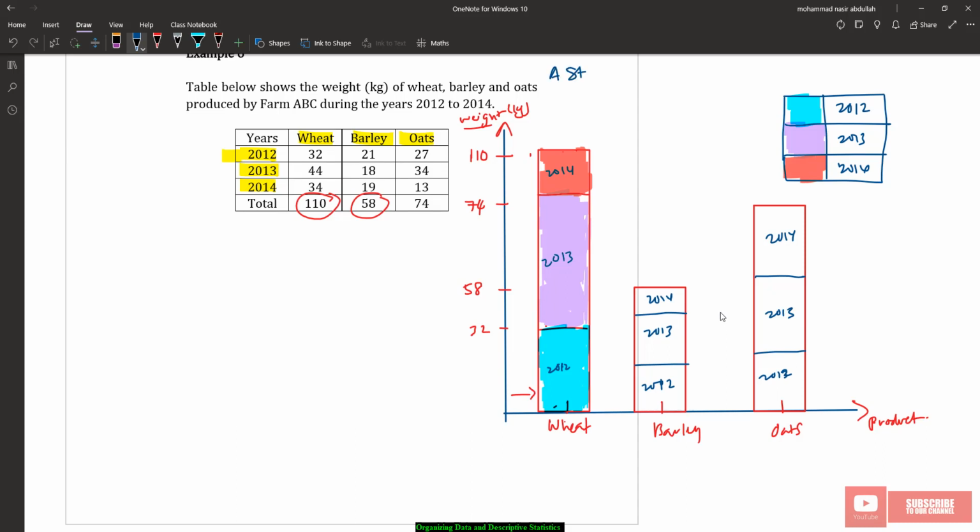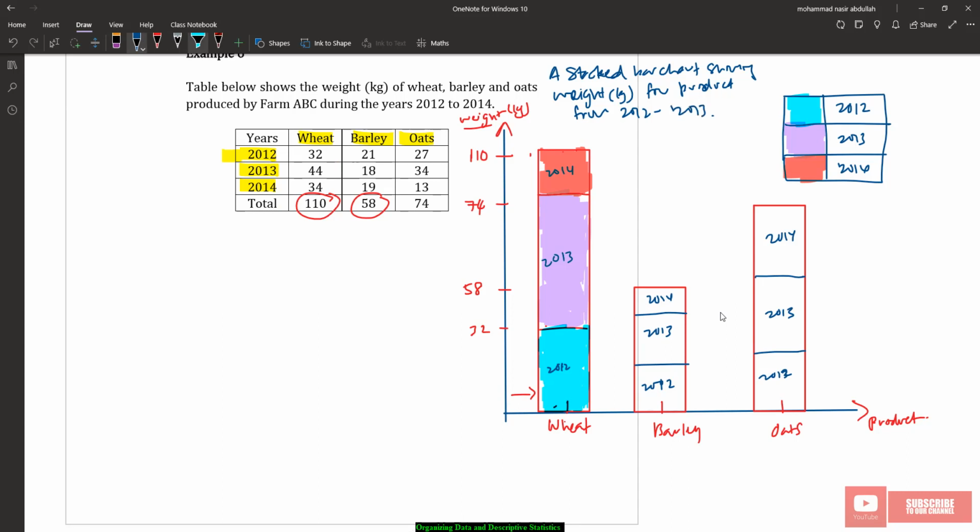The stack bar chart showing apa? Showing weight in kilos for product from 2012 to 2013.